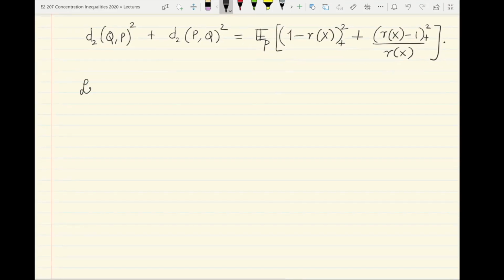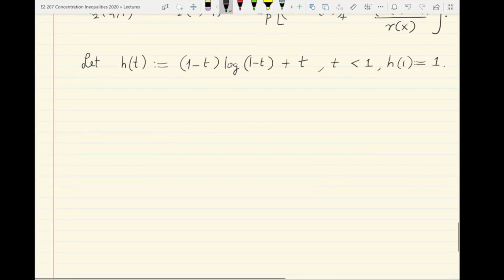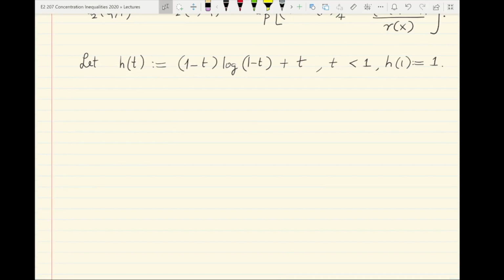And let h of t denote the function (1 minus t) log(1 minus t) plus t for t less than 1, and h of 1 is defined to be 1. So this is the familiar h function that we have seen before while analyzing the tail of the Poisson distribution. It's connected intimately to moment generating functions of the Poisson random variable.